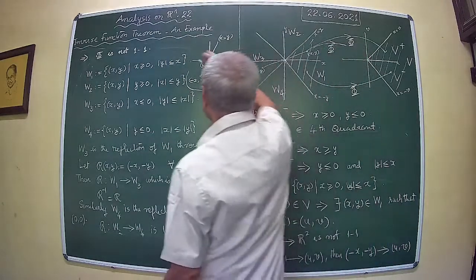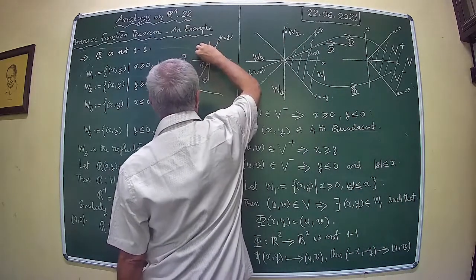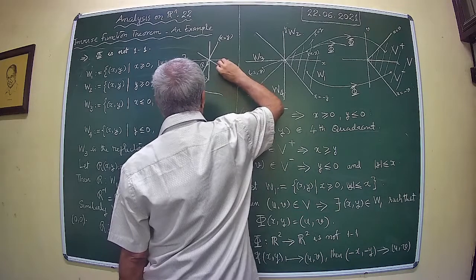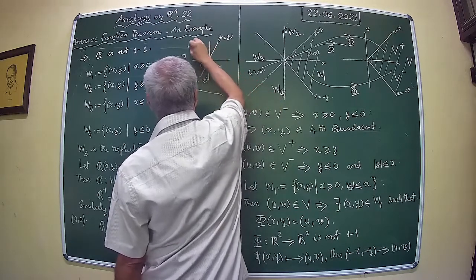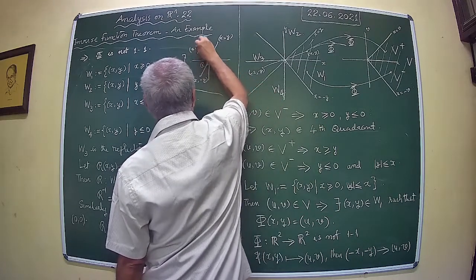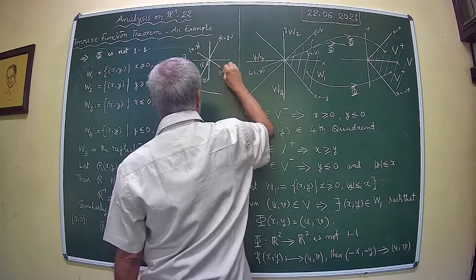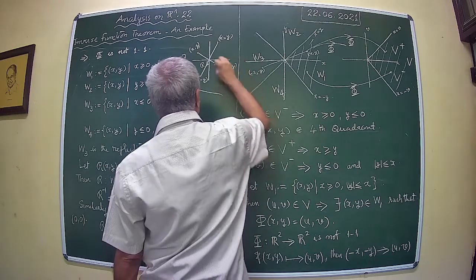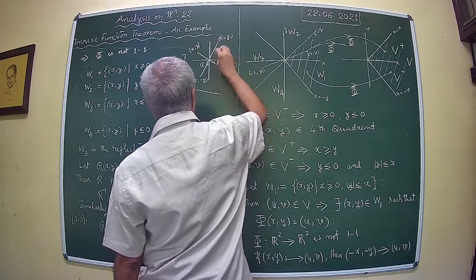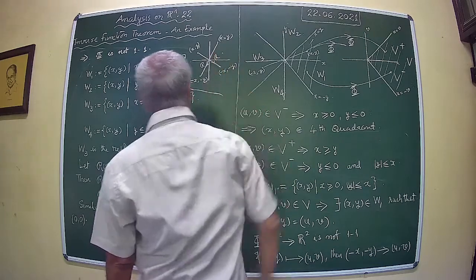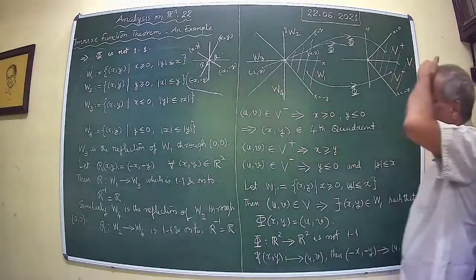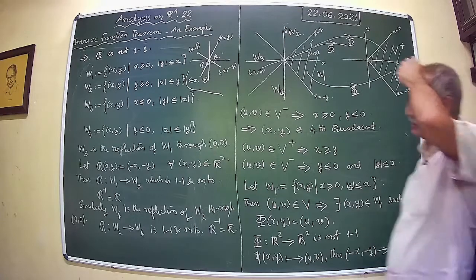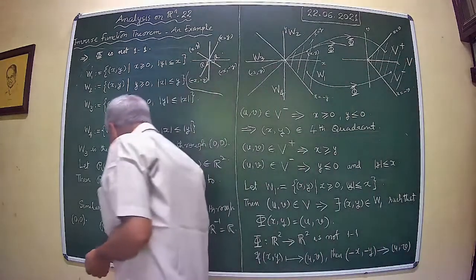Similarly, the point here is mapped. This is also R. So R maps are happening in this space. Now we introduce another map.